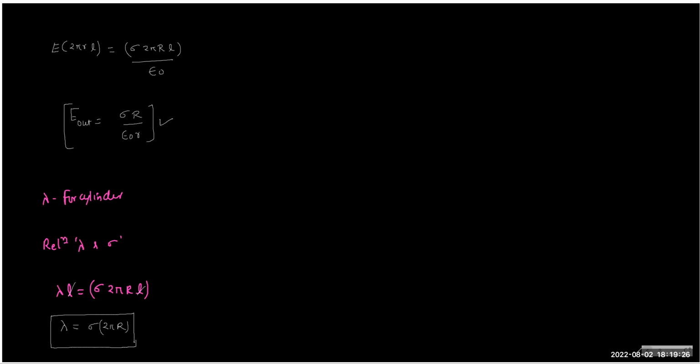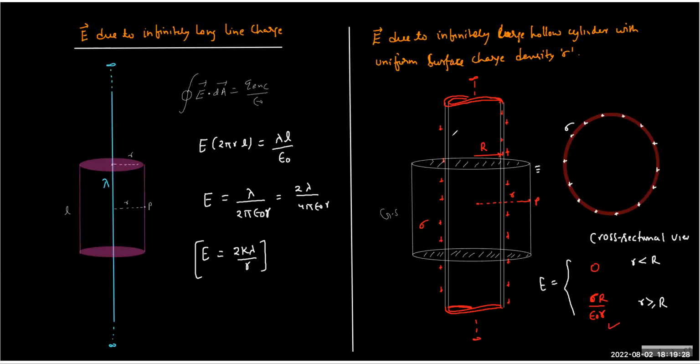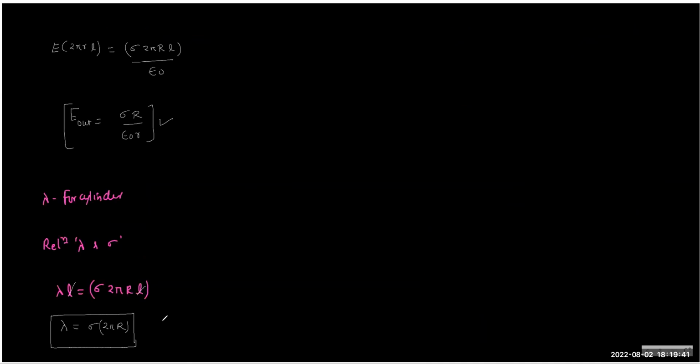Now imagine if I want to write in terms of rho, and the thickness of the shell is of some importance, let's say this is T, and the charge is filled in this entire thickness. How to express this in terms of rho?